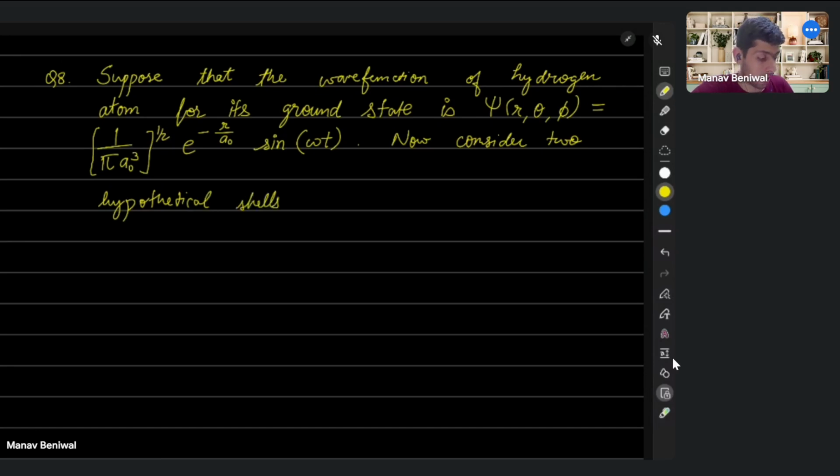So we will now consider two hypothetical shells which are centered at the nucleus, just like in the previous problem. In previous problem also we considered two shells separated by distance dr, right?